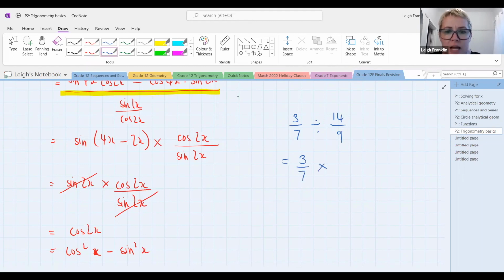So we would change the divide to a times, we put the 9 at the top, and we'd put the 14 down at the bottom. And then we could cancel or multiply. So that's exactly the same thing over here. You've changed this divide into a times, and you flip the fraction that follows. Okay, that's quite right. When we divide with fractions, we tip and times.